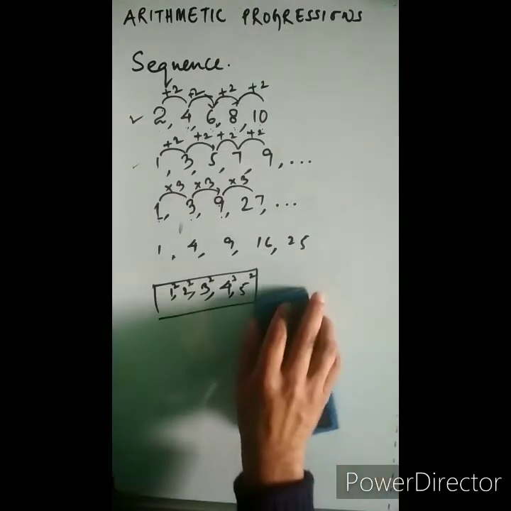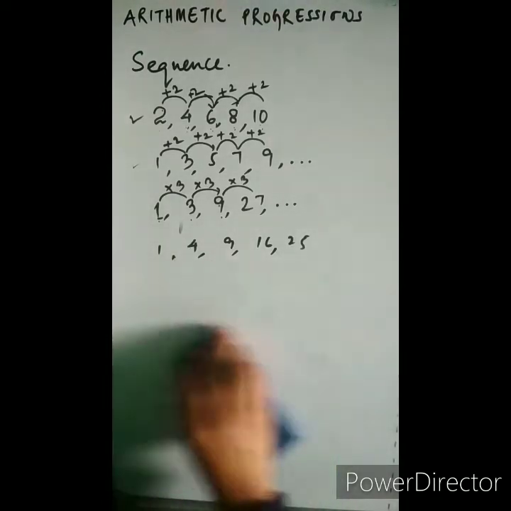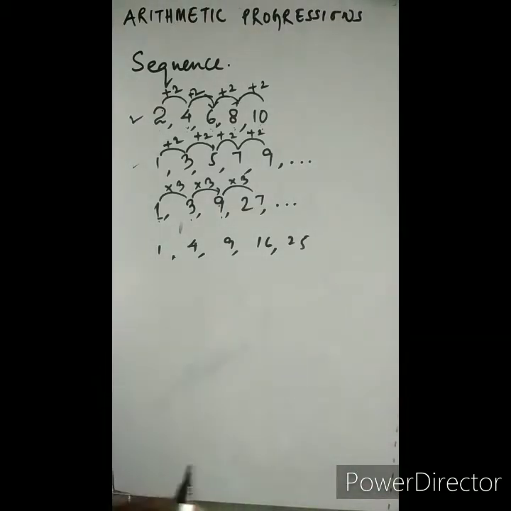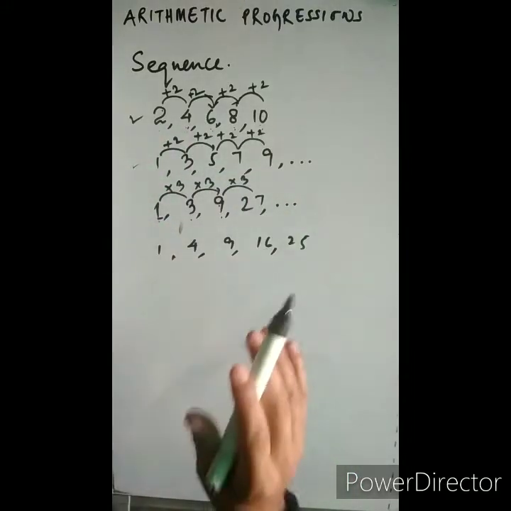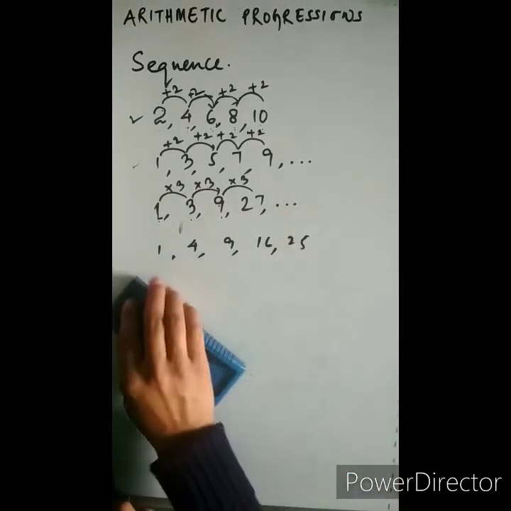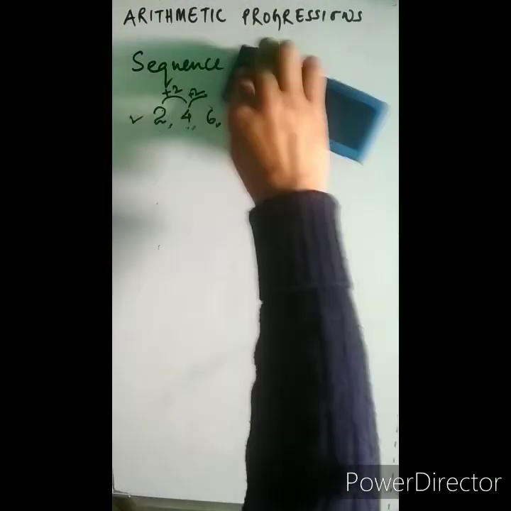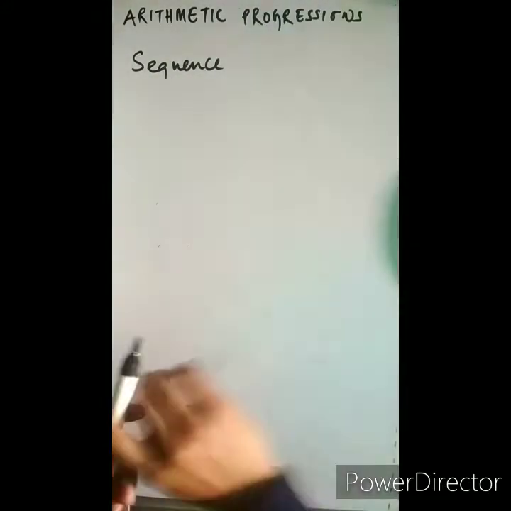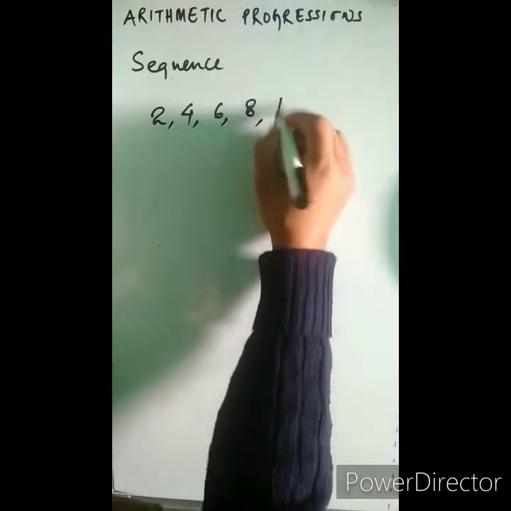So this kind of arrangement of numbers in a well manner, in an ordered manner, in a proper pattern, by obeying certain rule, is what you call sequence. So whatever the list of numbers I have written here, these are all sequences. Now let me just take the first sequence: 2, 4, 6, 8, 10.